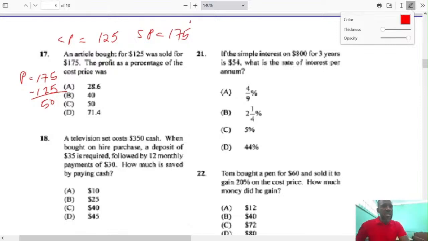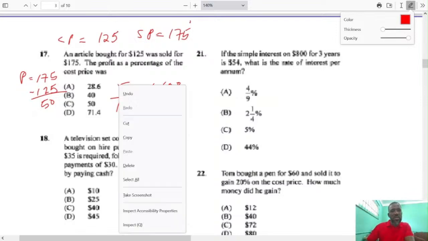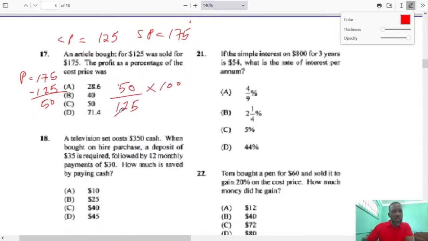But the question is asking for the profit as a percentage of the cost price. So we're going to put 50 over 125 times 100. Okay, all right. So we could say 25 into 50 goes 2 times.